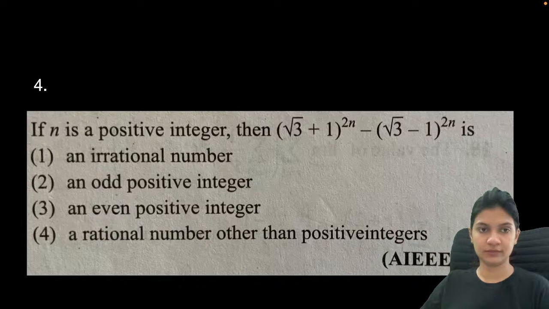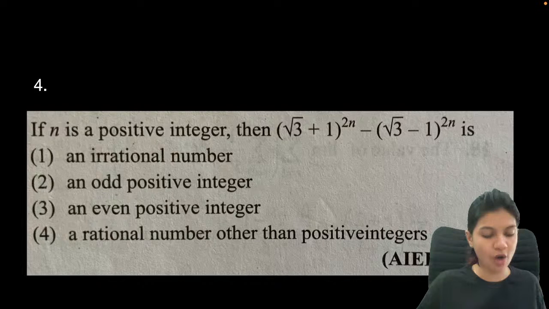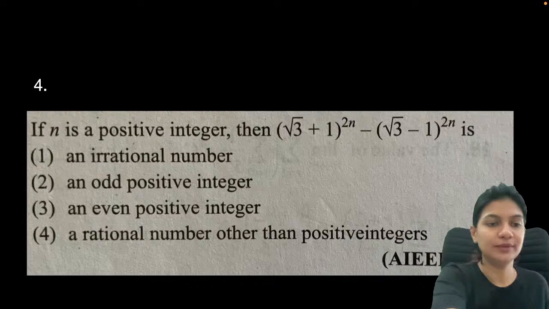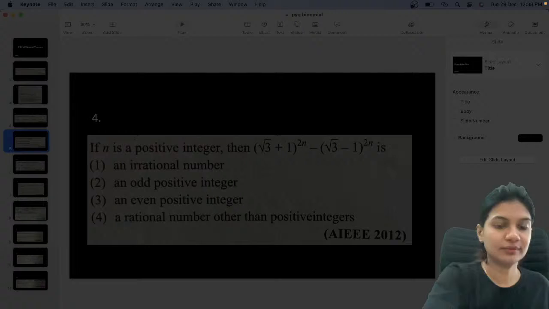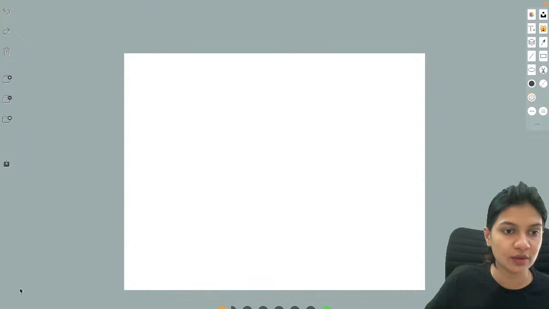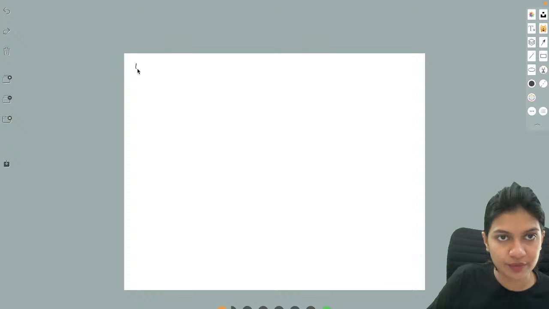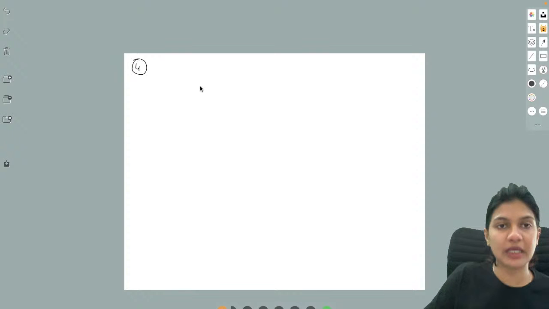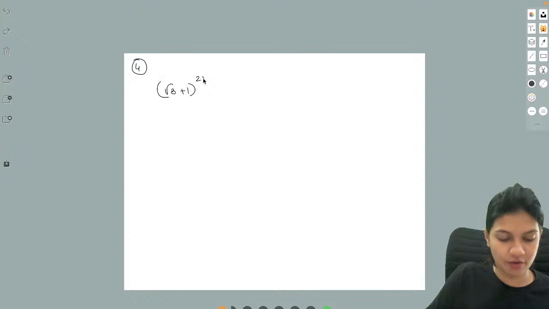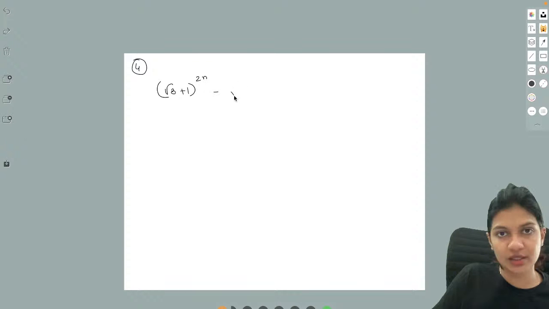And the right option is option 1. Let us check out the question. Question number 4. Given that (root 3 plus 1) to the power of 2n minus (root 3 minus 1) to the power of 2n.